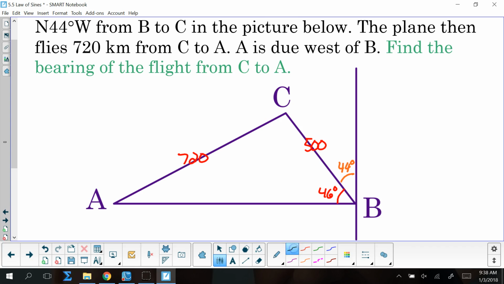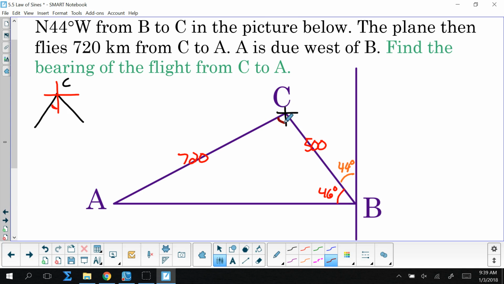So if I expand on C here, I need this angle in there at C. Based off of my triangle, what's the only angle that I truly can find?